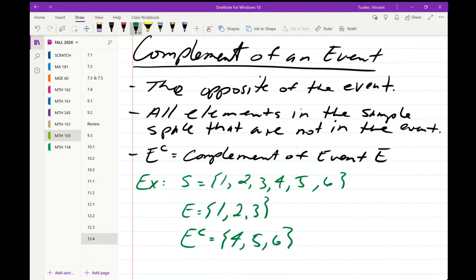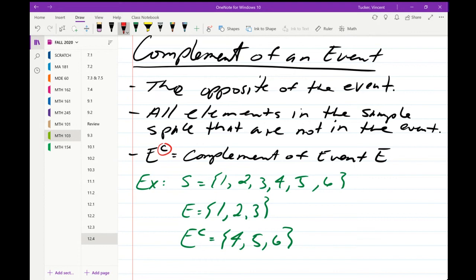All right, so the complement of an event represents the opposite of the event. The complement will be all the elements in the sample space that are not in the event. And then we have E with a superscript C, which represents the complement of event E. So if you had event G, then G with the superscript C would be the complement of event G. That C right there is what represents the complement of your event.